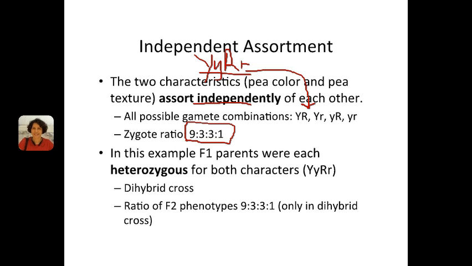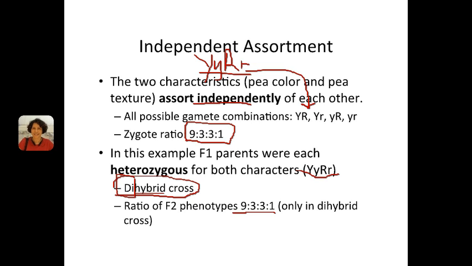The two parents for this ratio are both heterozygous, big Y, little y, big R, little r, and this is therefore called a dihybrid cross. Both parents are heterozygous or hybrids for both conditions. So this ratio of 9 to 3 to 3 to 1 will occur only in a dihybrid cross.